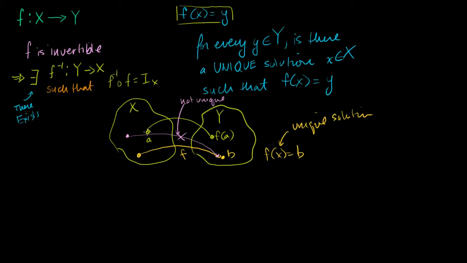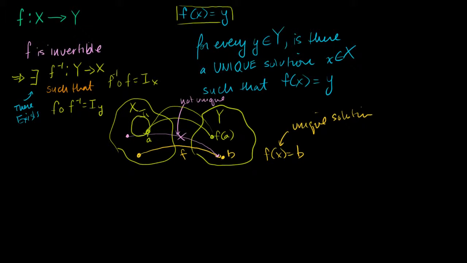Essentially it's saying, if I apply f to something in x, and then I apply f inverse to that, I'm going to get back to that point, which is equivalent to just applying the identity function. So you just get what you put into it. And the composition of the function with the inverse function is equal to the identity function on y.